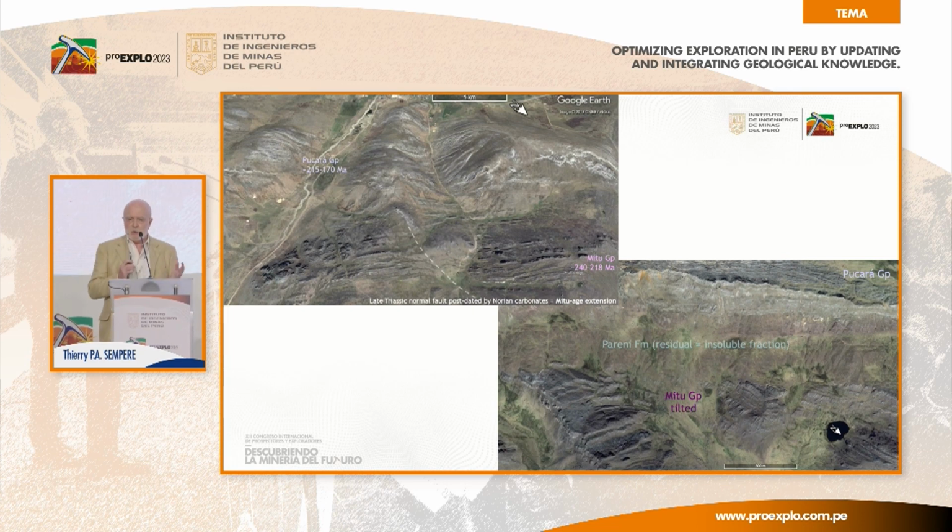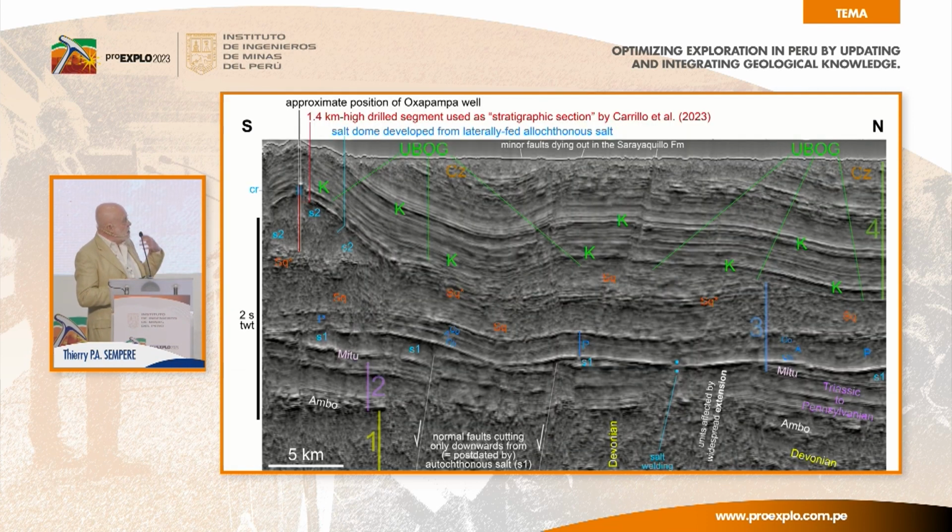This makes Pucara seal a group of normal faults, which is something that we see in the Andes. When we move to the seismic lines, 100 kilometers to the east, we see the same thing. I'm sorry, but I cannot show this. Normal faults which have been sealed by the salt. It's salt because it's deformed like this.